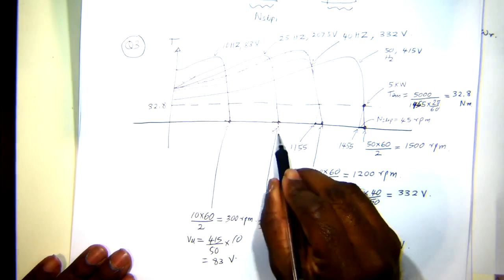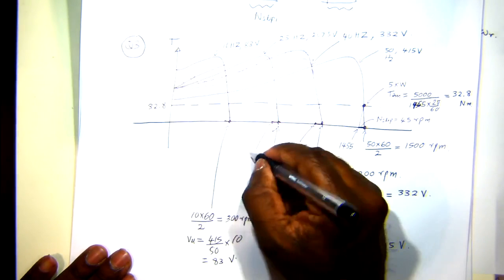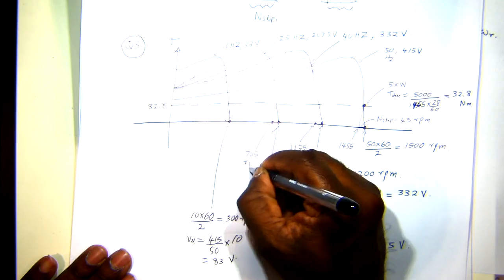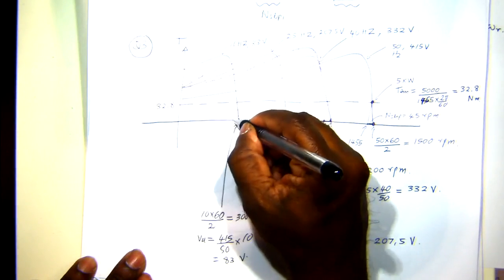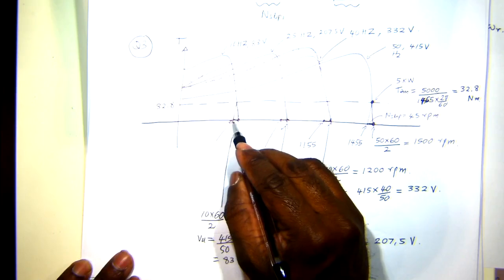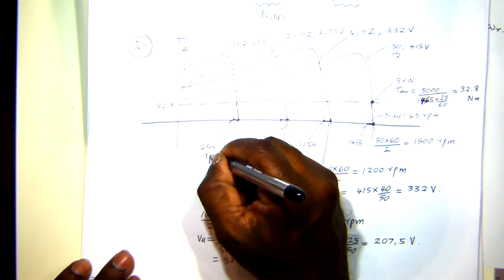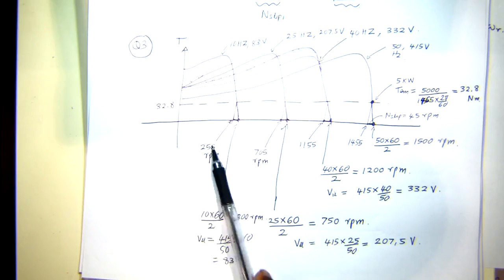Here it's 450 minus 45, so it will be running at 405 RPM. And here again same concept. Here it's 300 RPM synchronous speed, but the motor is running at a slip of 45, so it will be 255 RPM. So these are the speeds the motor will run at if you load it at the same torque. So that's the V over F control concept.